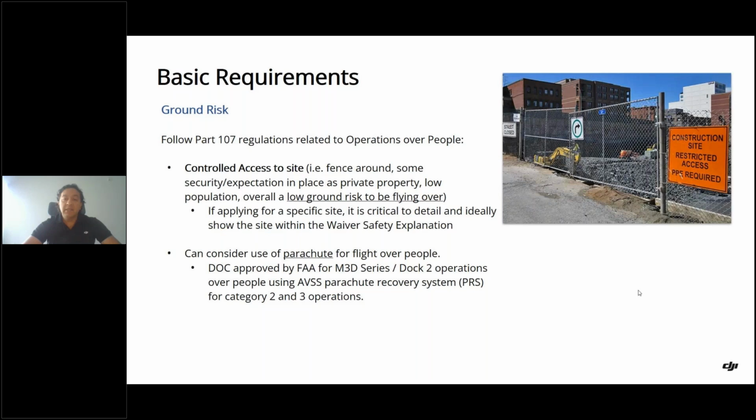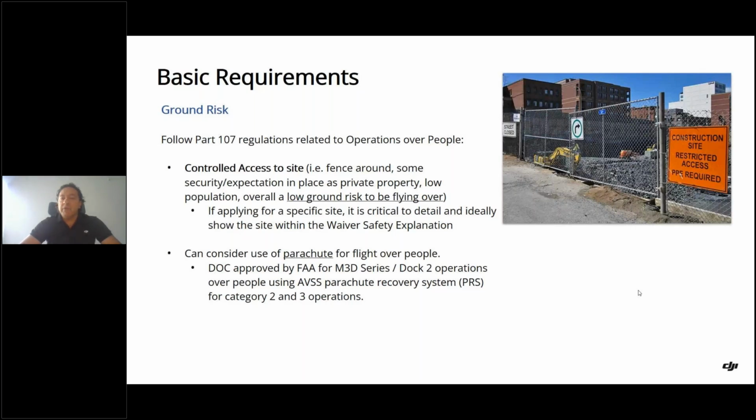And one is, in this kind of BVLOS operations, you can consider having a controlled access site on the ground, meaning that you're operating your drone in an area where you have a fence around or some sort of security or expectation of private property, some areas that are really very low populated, and in general, avoiding flying over people. So over people that is not aware of the operation. That's what we are talking about.